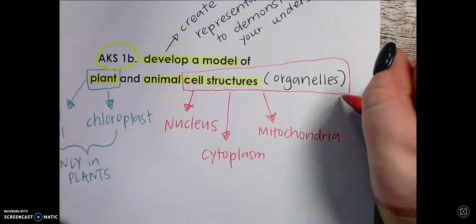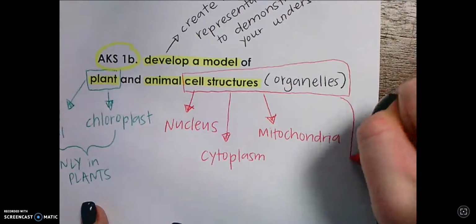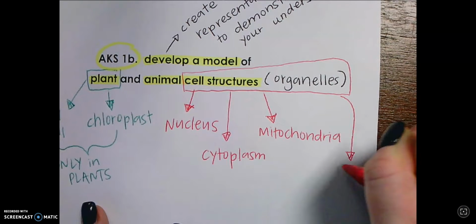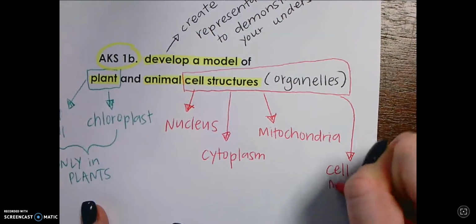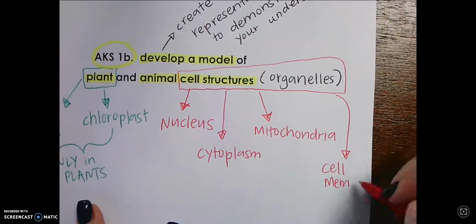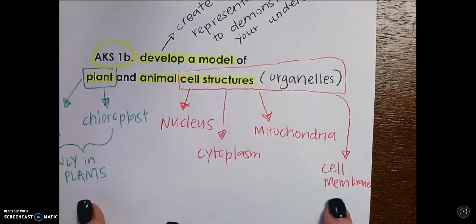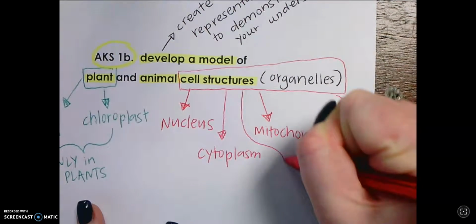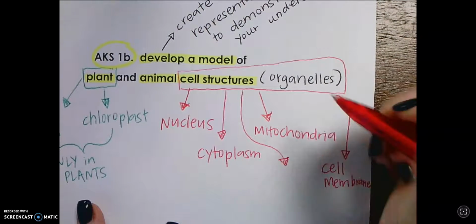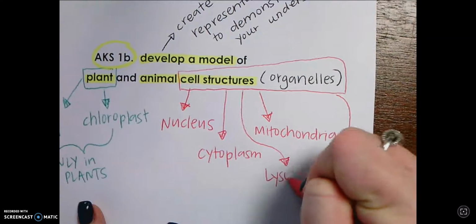We know that there's also the cell membrane. And I got a little cramped there, but that says the cell membrane. And then let me draw one more here, the lysosome.